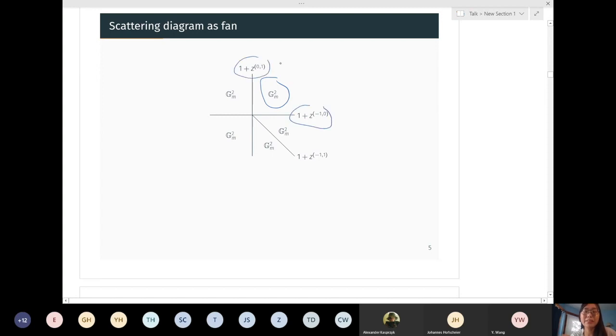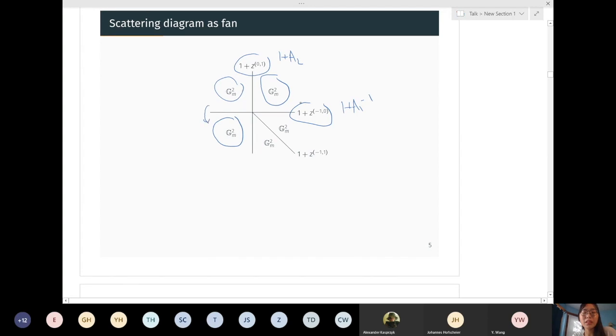If we write it out, you can see it's 1 plus y, 1 plus... let me use the custom notation. This is A2 and then A1 inverse. You can see this is basically the birational map we were just talking about. So we have this torus and this torus, and the gluing between the tori is given by the wall function in this scattering diagram.